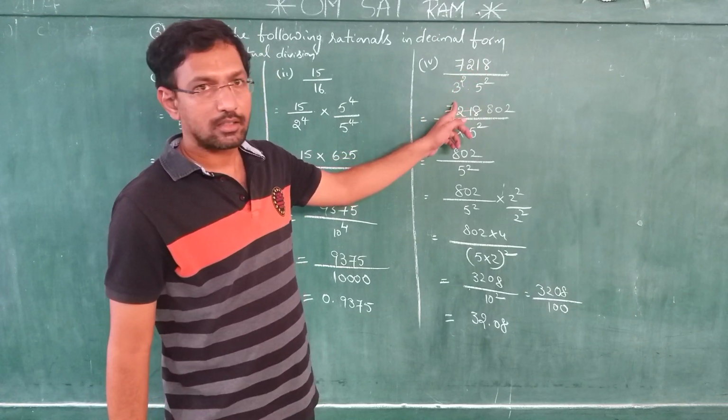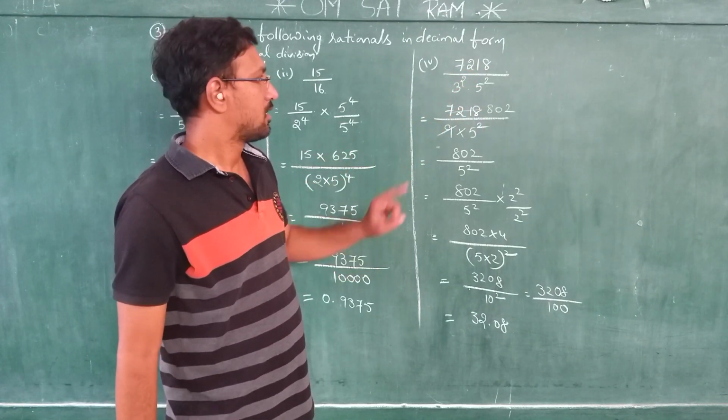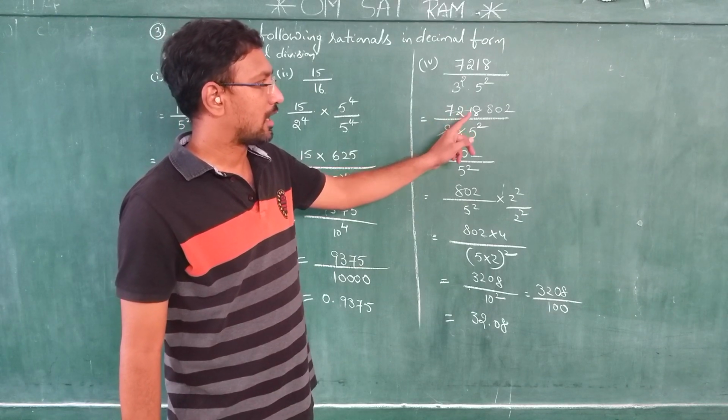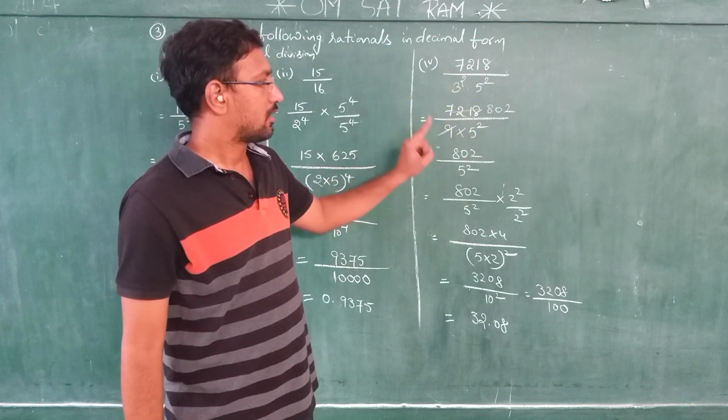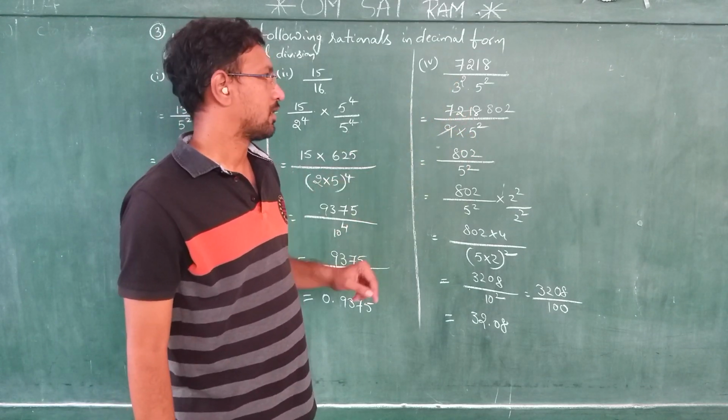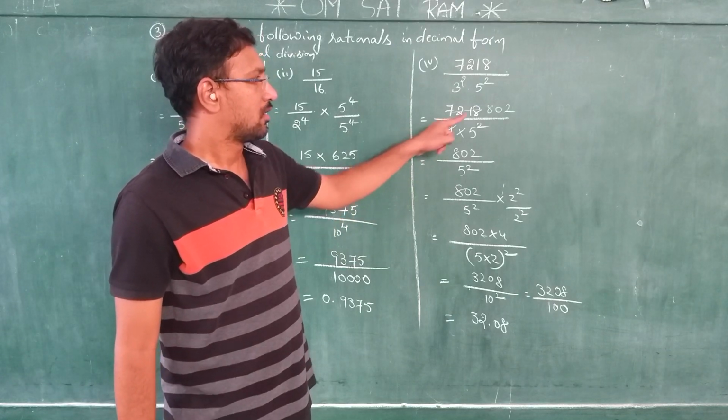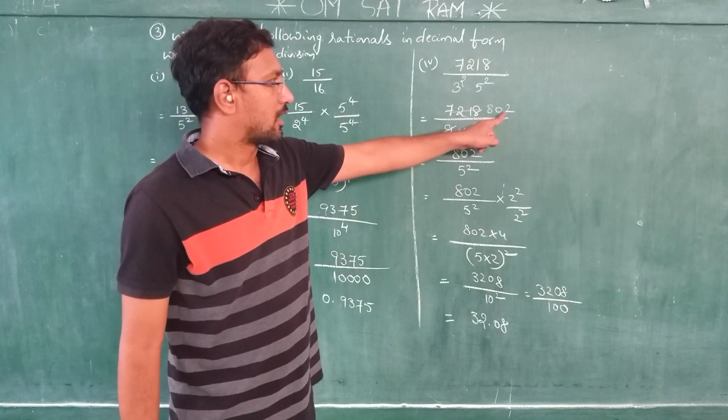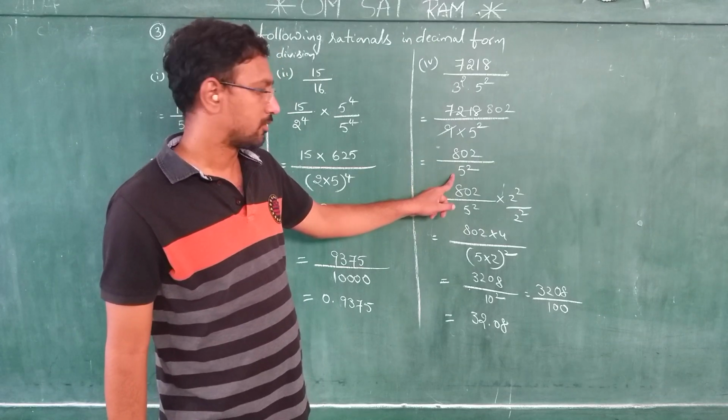Next one, 7218 by 3 square into 5 square. 3 square is 9. If we divide 7218 with 9, that is 802 by 5 square.